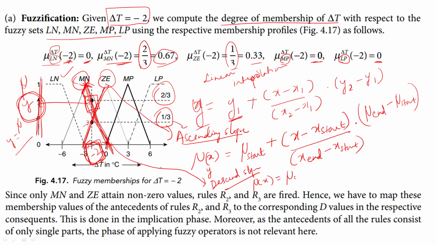So you have mu start minus the same thing, (x minus x start) divided by (x end minus x start), into, because it is a descending slope, we have to first write the starting value and then the ending value. This you can understand by looking at these points.